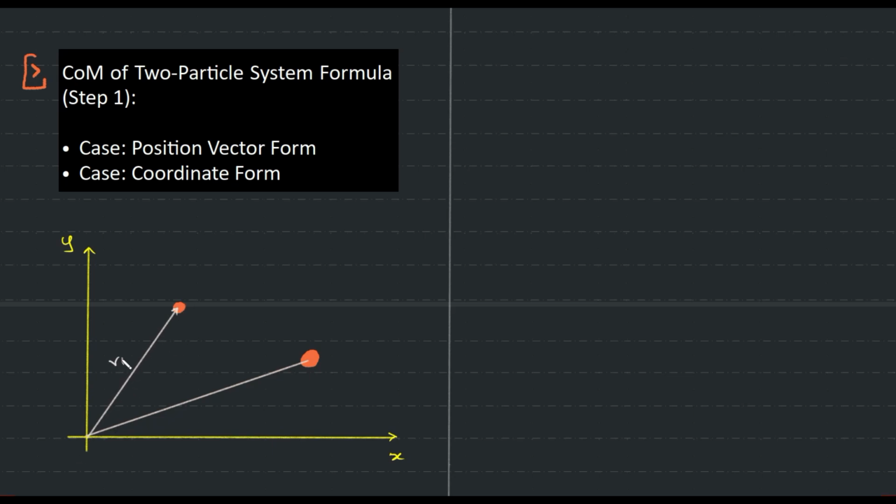So this is R1 and say this is R2. This has a mass of M2 and this has a mass of M1. Connecting them is a line, and somewhere along this is our R.